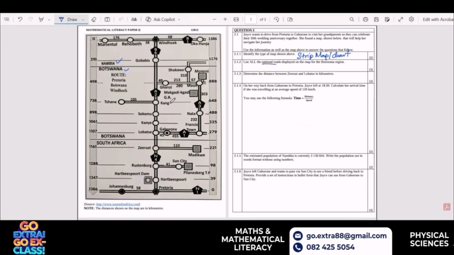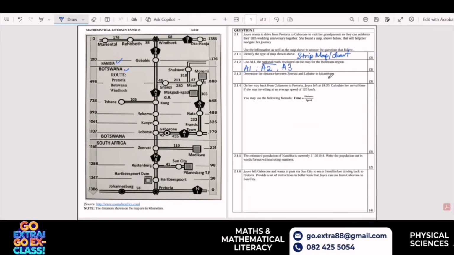But now they're looking for national roads. You remember in the previous videos that we have done, these pentagons that you see here represent the national roads. These are the 3 national roads here. It says list all, therefore you have national road A1, the other one is going to be A2, and the other one is going to be A3.